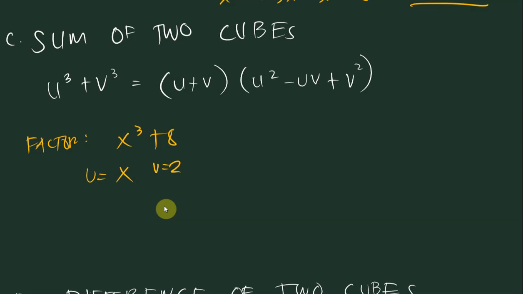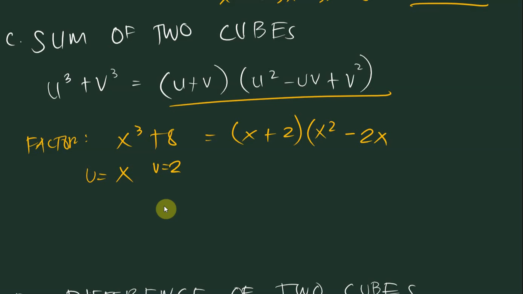Given that you already know your u and your v, you can just substitute them in this form. So we have x plus 2 times u squared, that's x squared, minus uv, that's 2x, and then plus v squared, which is 4. So that is how to factor the sum of two cubes.